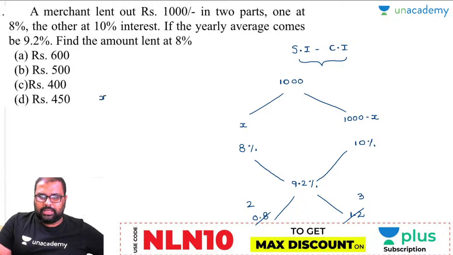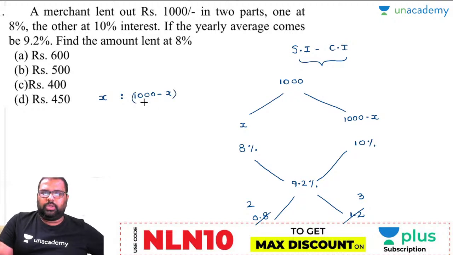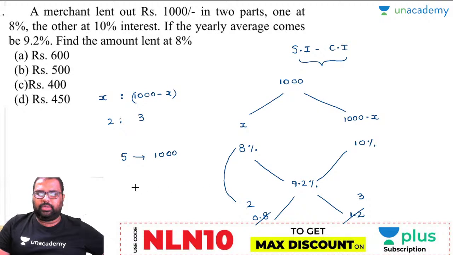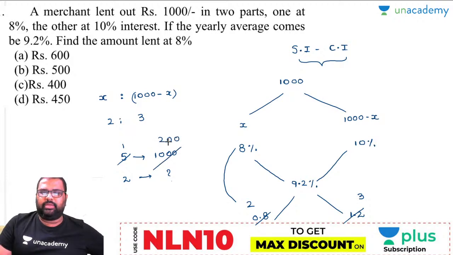So x is to 1000 minus x is equal to how much, ma'am? 2:3. Now when you add this together, 5 parts is equal to 1000, and you are asked to find the amount lent at 8%. Is it nothing but 2 parts value? Now Sanjana has given me the answer. Yes, very good. 5 ones are 5, 200s are 1000, and finally your answer is 400.